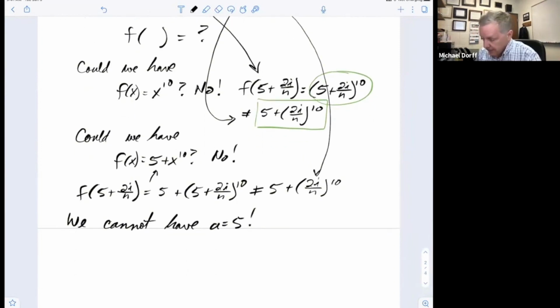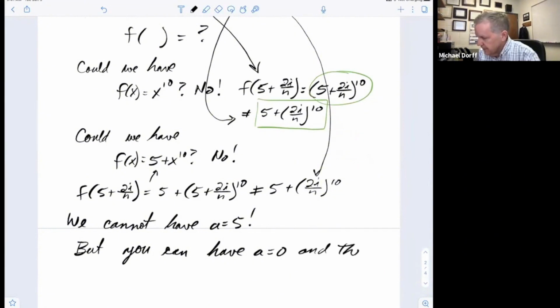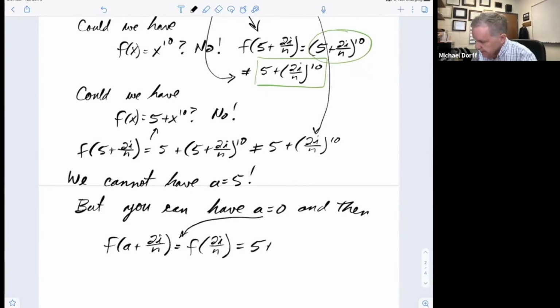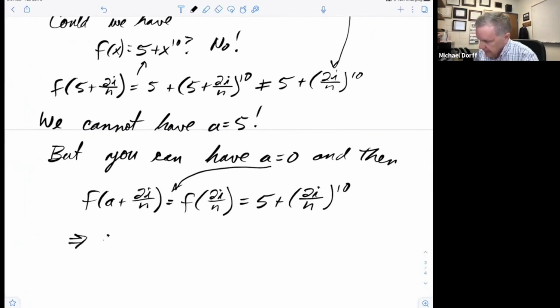So what would a be? Well, we could have a equals 0, in which case then we would have, remember, f of a plus 2i over n. If a is 0, plug that in here, we're going to get f of 2i over n, and that's supposed to equal 5 plus 2i over n to the 10th. And what would that give me to be f of x?